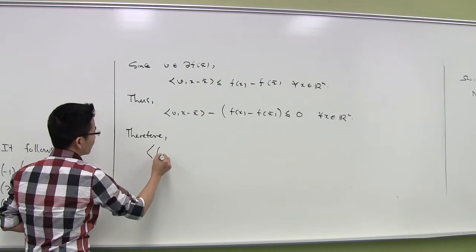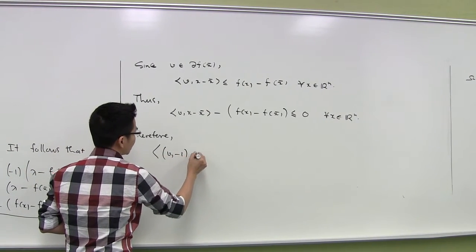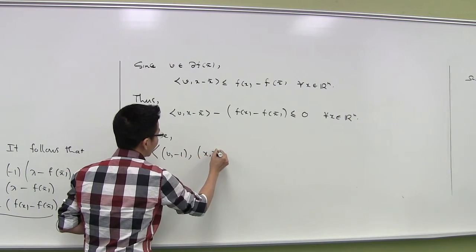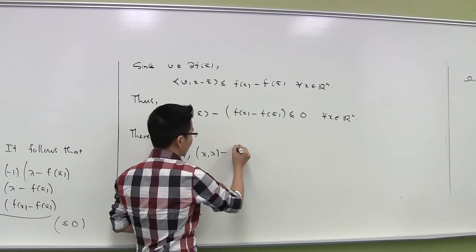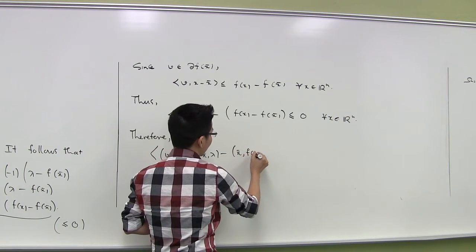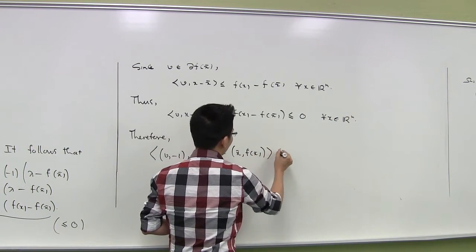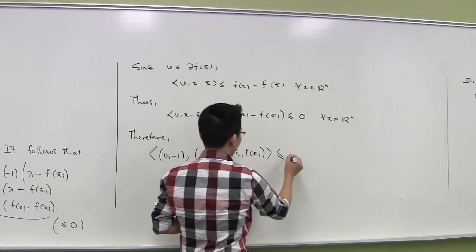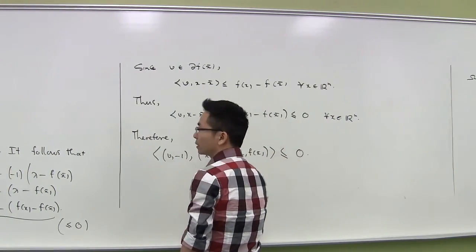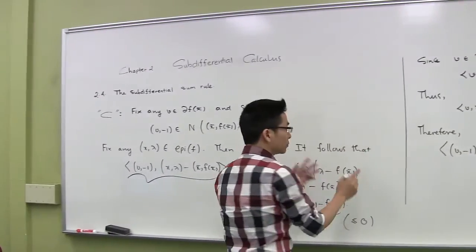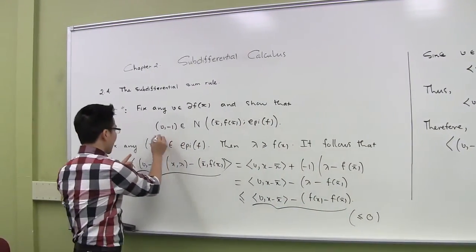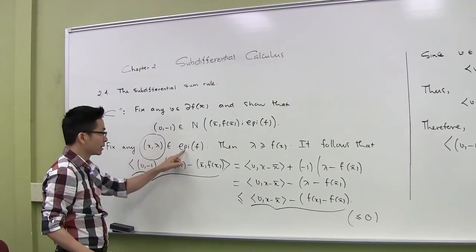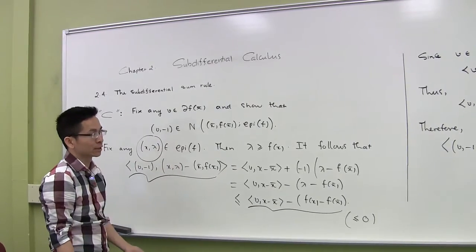the inner product of v, minus 1, and x lambda minus x bar, f of x bar is always less than or equal to 0. And note that this is true for any x lambda chosen in the epigraph of the function.